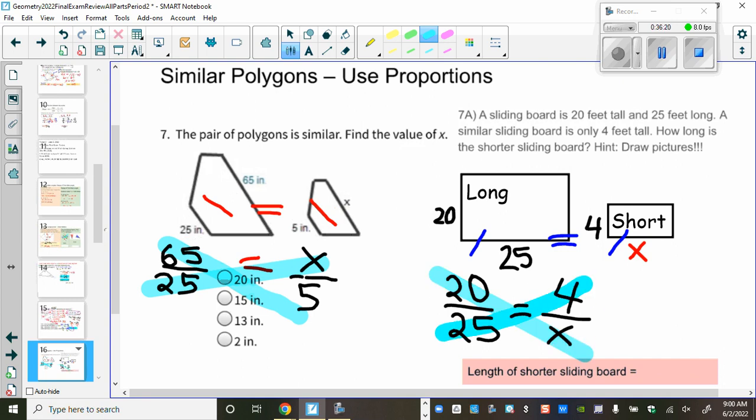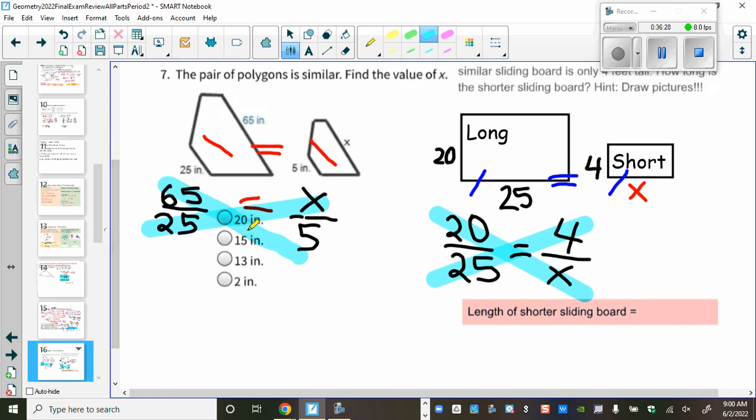Cross multiply. So for the problem on the left, cross multiply. What's x times 25? 25x. I'm just going to write it down here. And then this side was 65 times 5.